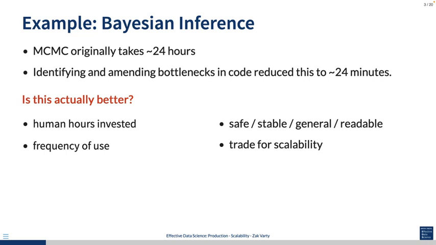So as an example or thought experiment around this idea, let's consider performing some Bayesian inference, where we have an intractable model, so we have to use Markov chain Monte Carlo methods to obtain approximate posterior samples. We do this by setting up a Markov chain that in its stationary distribution would give us samples that well approximate the posterior distribution that we're interested in modelling.